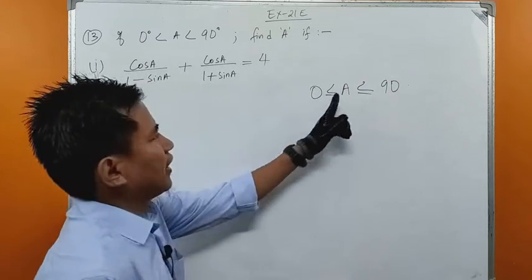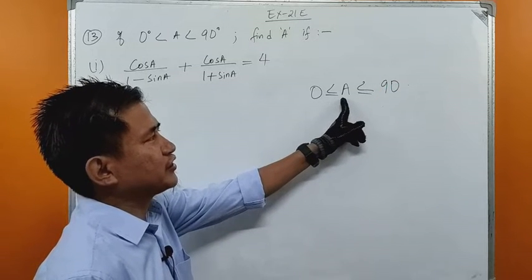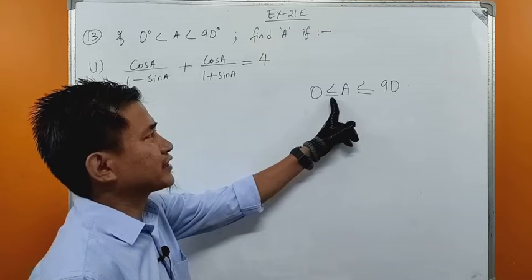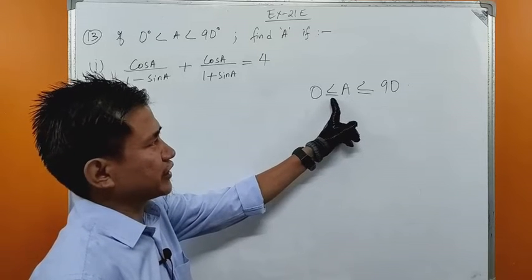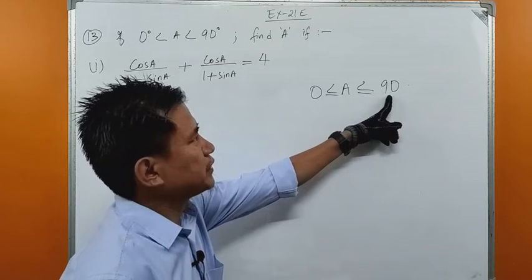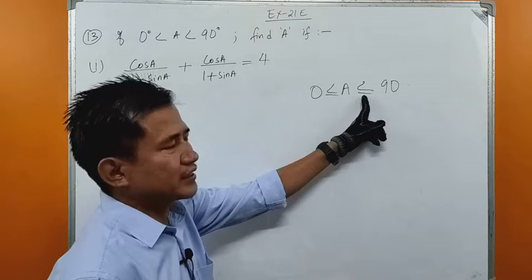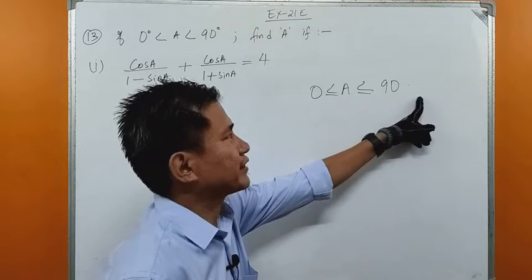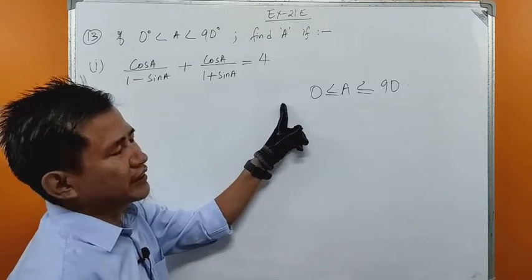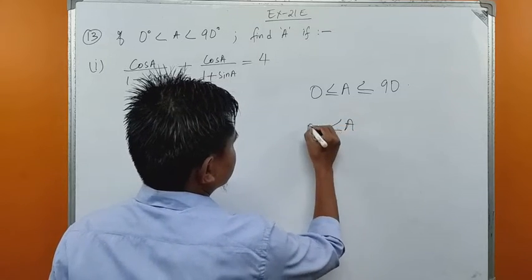This means angle A can be 0 degree or greater than 0 degree. Angle A is greater than or equal to 0 degree and less than or equal to 90 degree, which means angle A can be 90 degree or less than 90 degree, but cannot be greater than 90 degree and cannot be lesser than 0 degree. But this case is different.